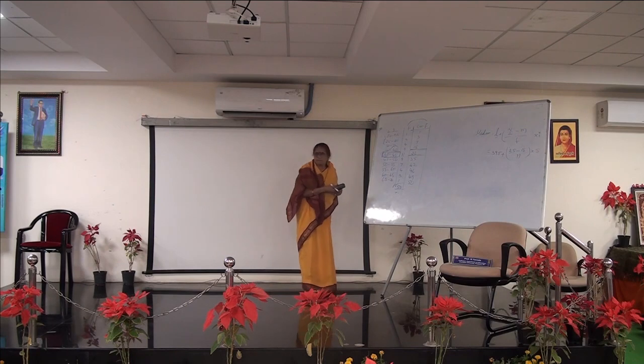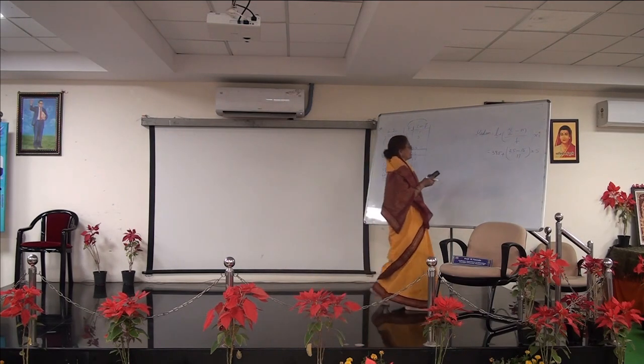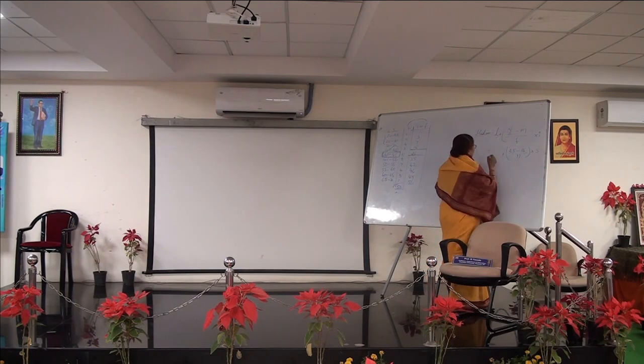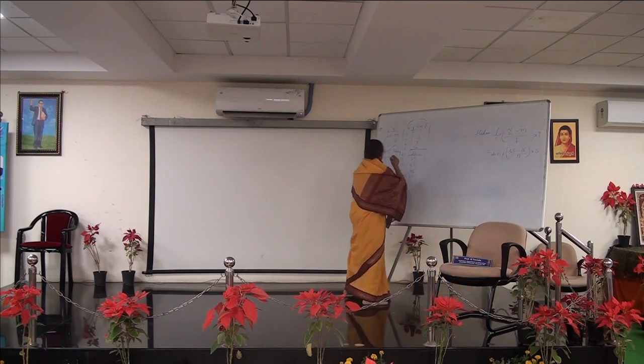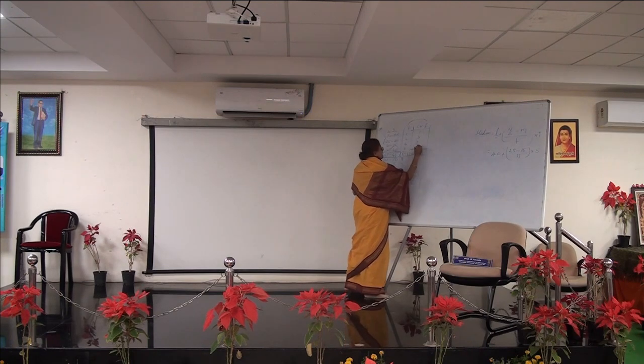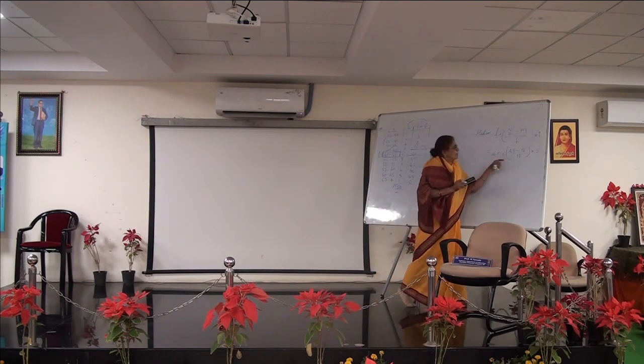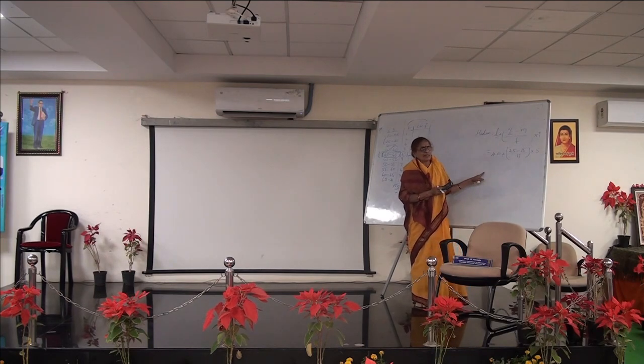So 40 plus 39, divided by 2, gives 39.5. So the median is 39.5 plus 25 minus 15 by 11 into 5. Here L is the lower limit, 11 is the frequency and 15 is the cumulative frequency. By simplification you will get the median value. Is it clear?